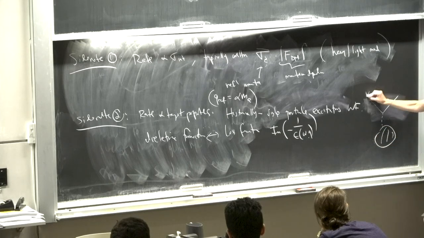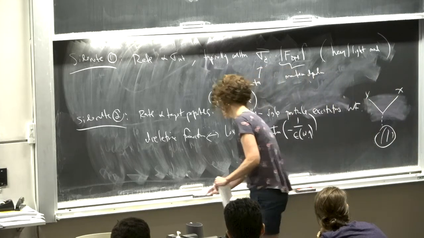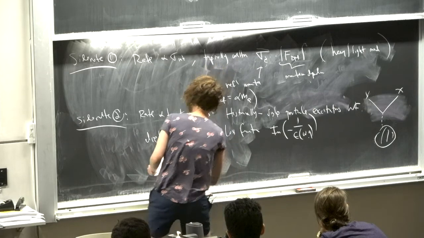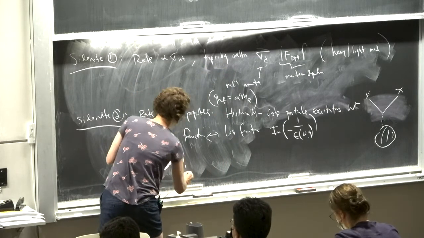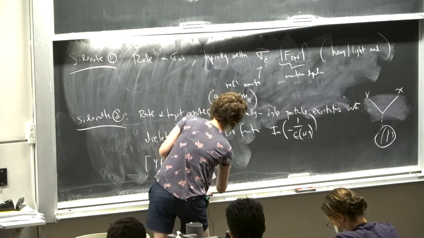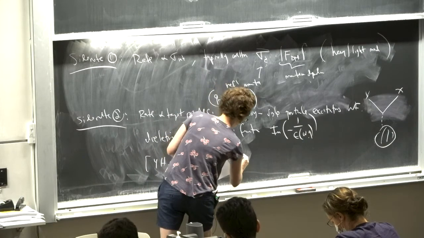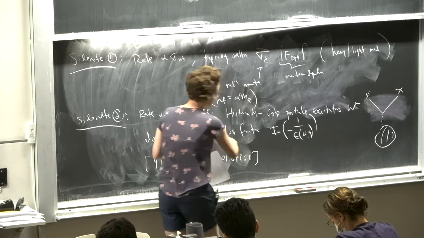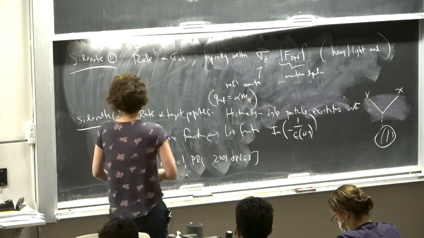So I don't have to reinvent the wheel, and I can do a much better job by using this type of idea. I'll just give you a reference for this. There are a few of them, but this was a PRL we put out around a year and a half ago, 2101.08263. And there are a couple of other references that have appeared since then that you can follow up from there.